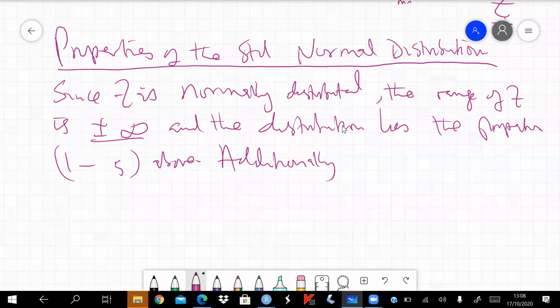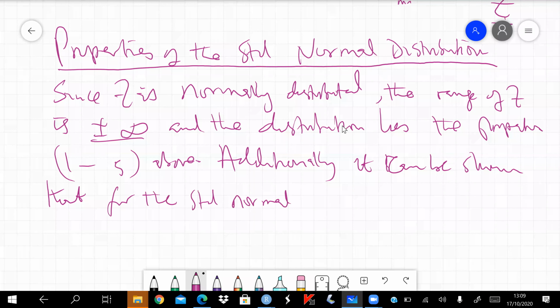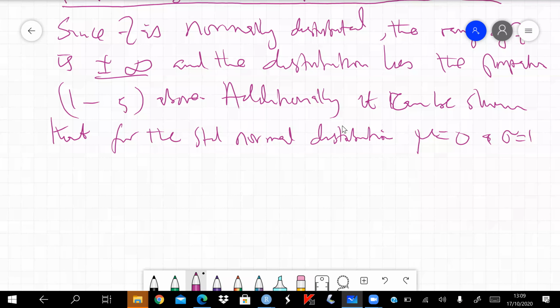Additionally, it can be shown that for the standard normal distribution, mu is equal to 0 and standard deviation is equal to 1, same as variance is equal to 1. So we're saying that in addition to the above properties, the mean of the standard normal is equal to 0.